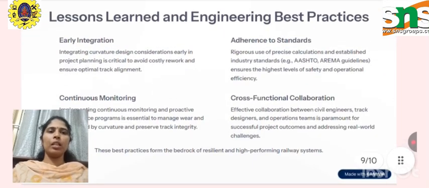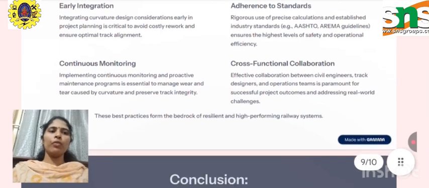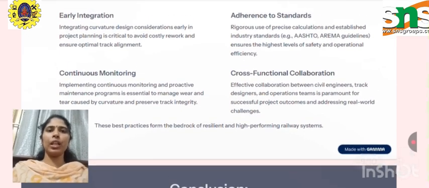Next, lessons learned and engineering best practices are early integration, adherence to standards, continuous monitoring, and cross-functional collaboration. In early integration, integrating curve design considerations early in project planning is critical to avoid costly rework and ensure optimal track alignment. Next is adherence to standards.